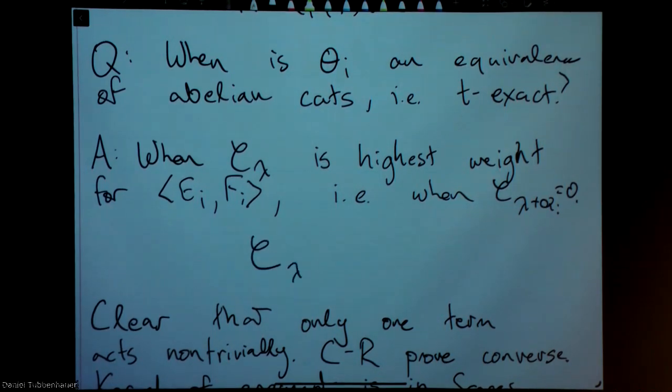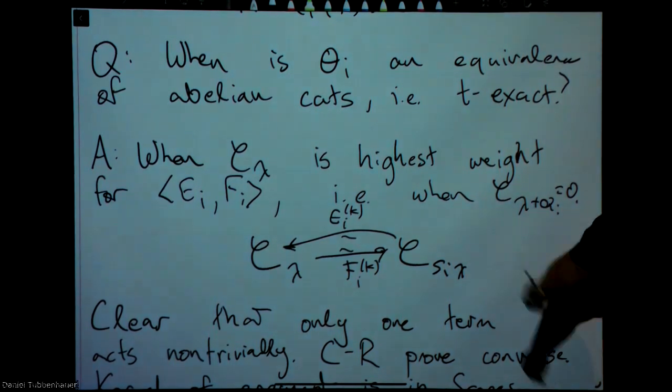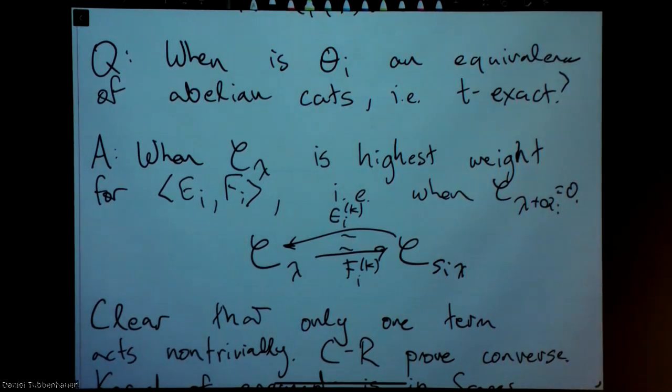In this case, what happens is that I have lambda, I have s_i lambda, and in one direction I have the divided power of F_i^(m), and in the other direction I have the divided power of E_i^(m). And these are inverse equivalences of categories, and you can check that this is true if and only if everything here is killed by E_i.